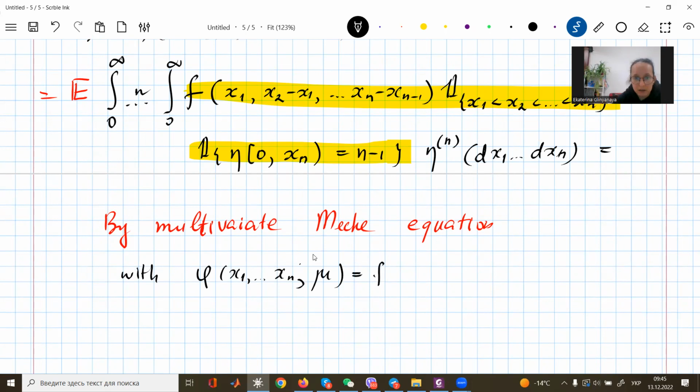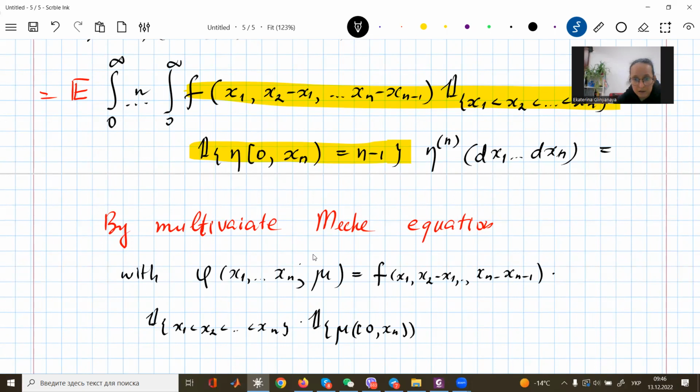So this is f of x1, x2 minus x1, and so on, xn minus xn minus 1, indicator x1, x2, ..., xn, and here, important, mu of (0, xn) is equal to n minus 1.